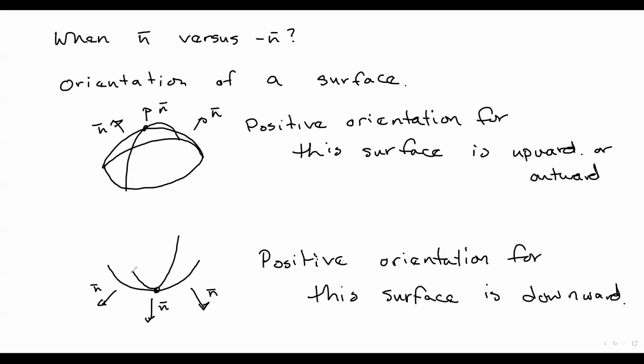The same thing goes here. If you put a plate here and enclose this, notice how the normals are pointing outside, so it is downward or outward. So that's the consistent part. If you're looking for something consistent, the positive orientation is always outward.